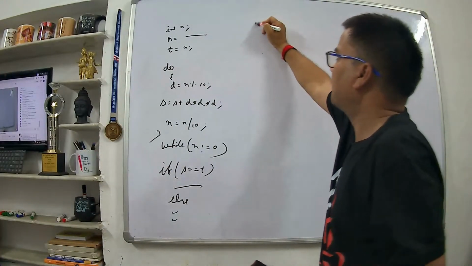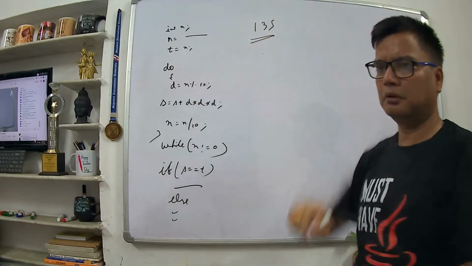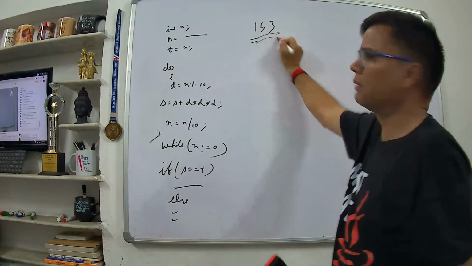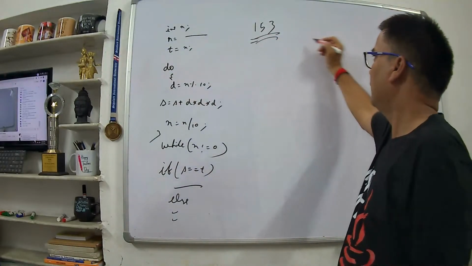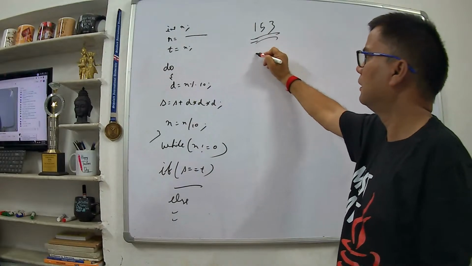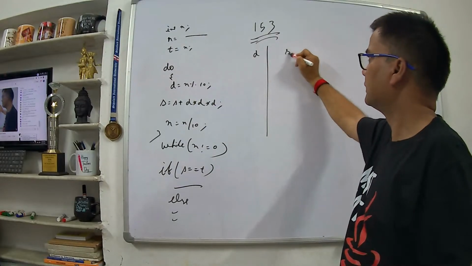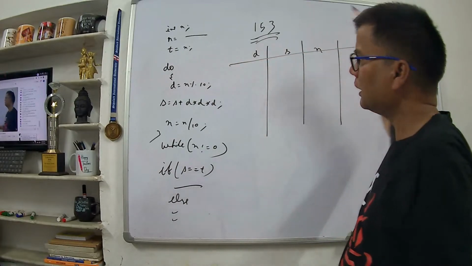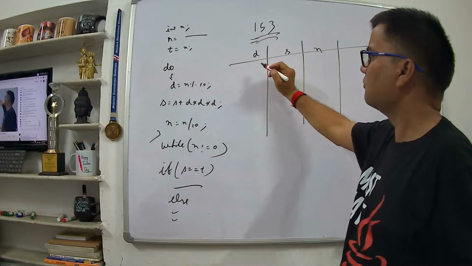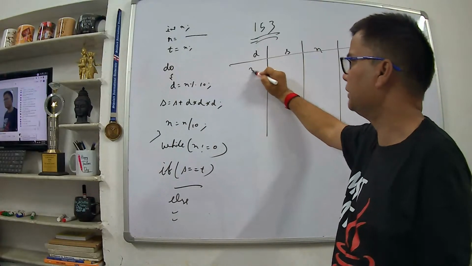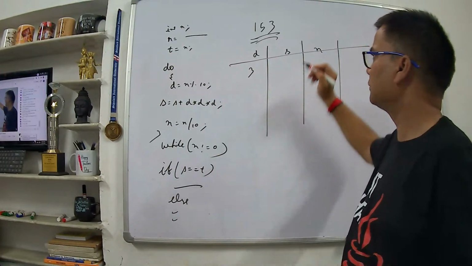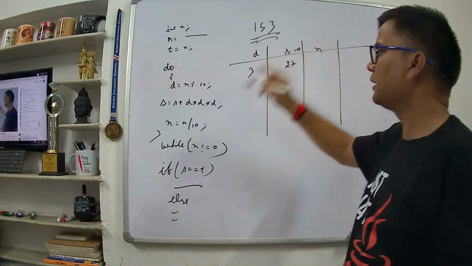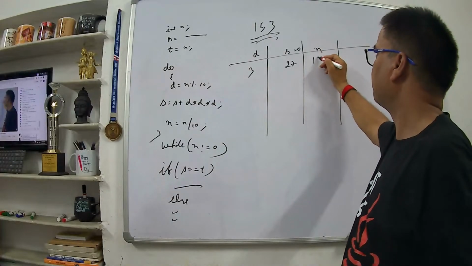For example, the number was 153. Here this is d, this is s, this is again n. d equal to n modulus 10, 153 modulus 10 becomes how much? 3. s equal to s plus d into d into d. s was initially 0, so 0 plus 3 into 3 into 3, 27. n equal to n divided by 10, and it becomes 15.